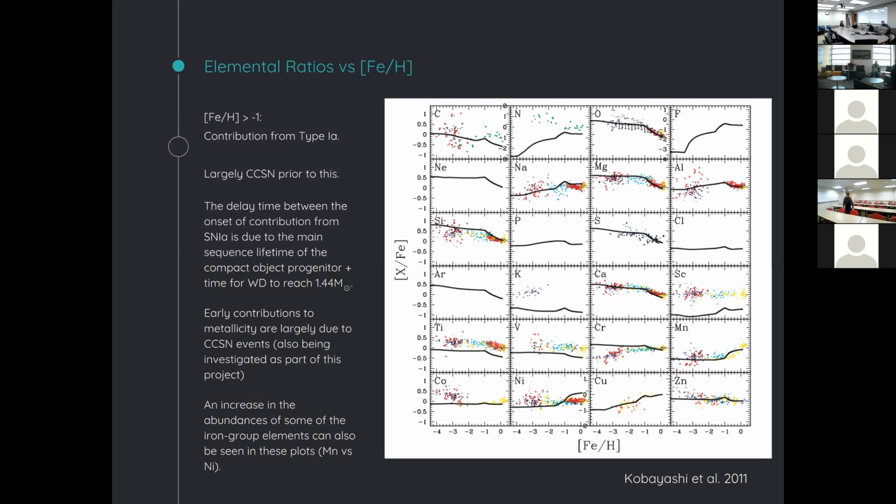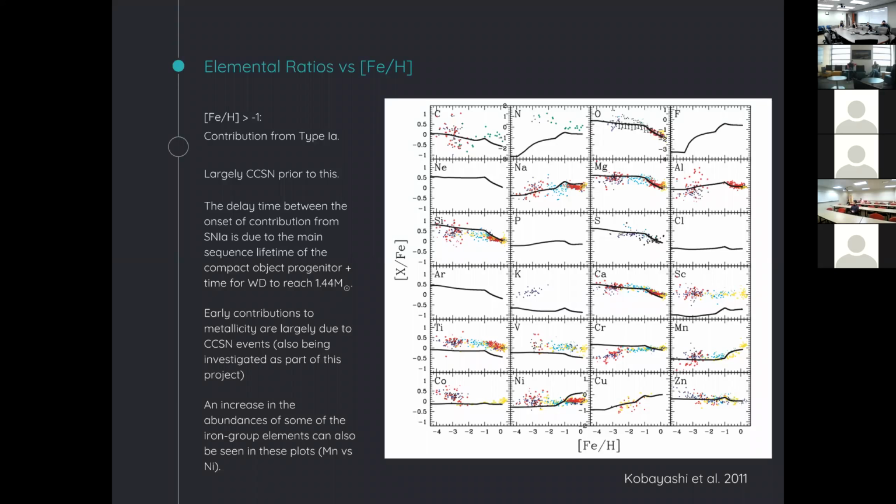In this paper, Kobayashi 2011, they do mention that some stars can be formed very early on with metallicities exceeding solar. But generally speaking, it can be thought of for many stars as a proxy for time. So as you look back on this plot, -4 is further back in time, and moving forward to 0 is sort of present day metallicity.